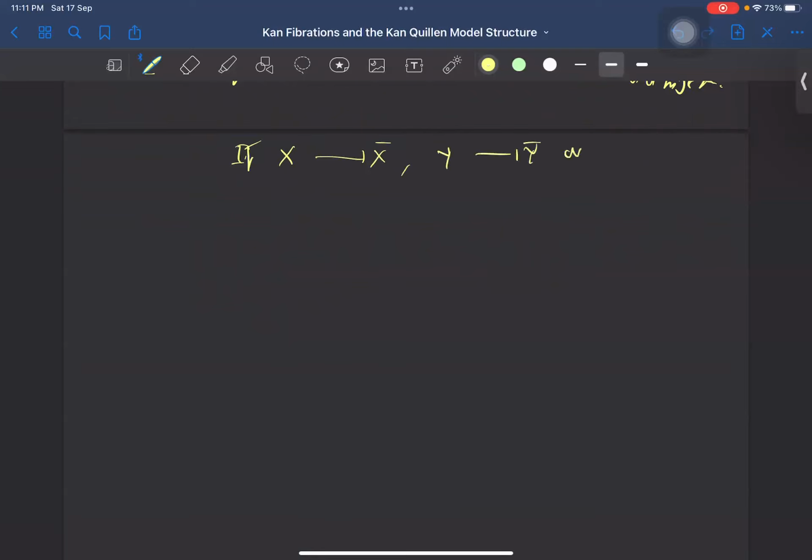So if these maps are anodyne extensions with these two X bar and Y bar, and F dot, to be a filler, right? This is a filler.